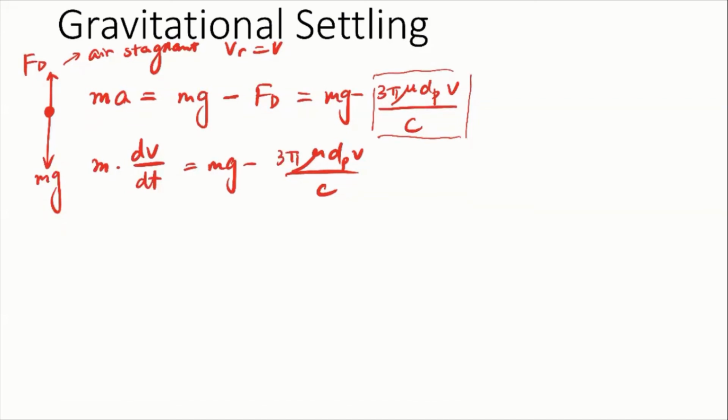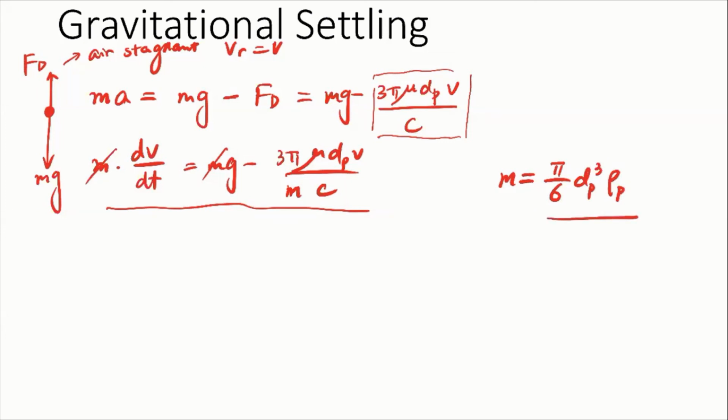So now this is just a differential equation. The particle mass is not a function of the velocity, so we can just cancel m on both sides. We further know that m is equal to pi over 6 dp to the third rho p, just the volume multiplied by density. Then we can plug in this expression here.